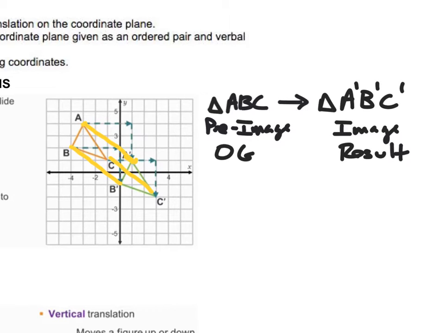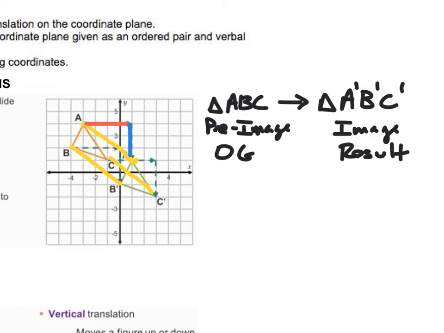All right, so what we want to talk about when we're talking about a translation is that telling you the distance from A to A prime, B to B prime, C to C prime, using this diagonal line can be tricky, okay? So it's important that we talk about what's called the horizontal movement and the vertical movement, okay? In this case, to go from A to A prime, let's talk about our horizontal movement and then our vertical movement.